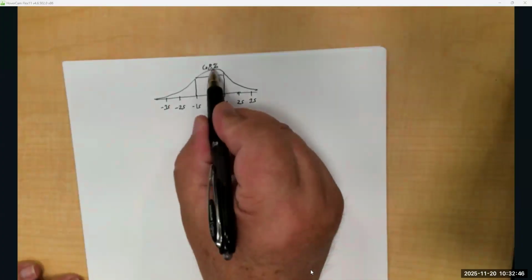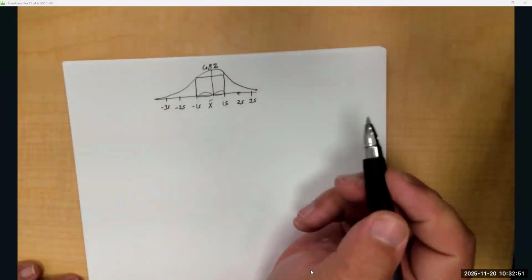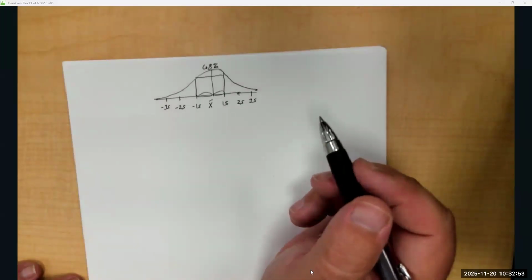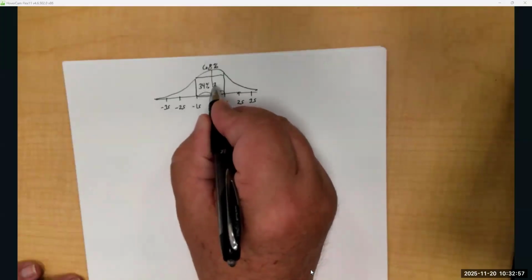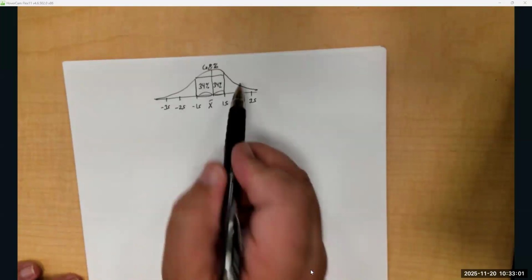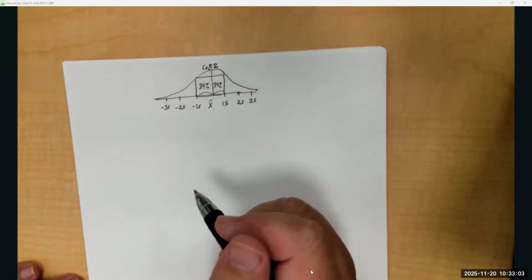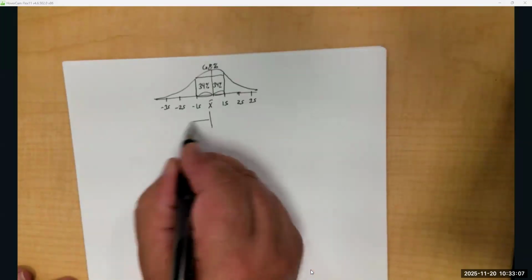So if it's 68%, how much percent are on both sides? Yeah, because half of 68 is 34. So half of them below, half of them above. Why do we need to know that? Well, how many percent of the people are to the left of the mean?